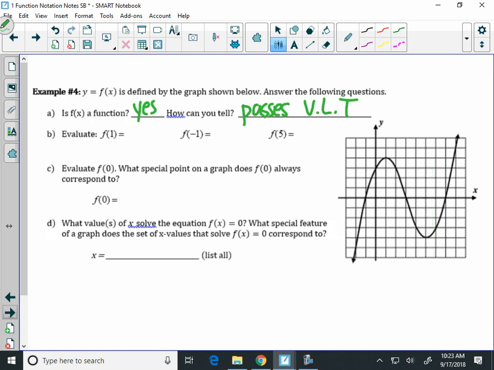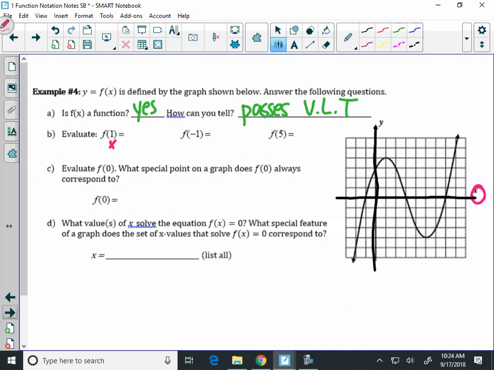Now, we want to evaluate based on our graph. It says evaluate f of 1. Remember from a few minutes ago, the 1 is an x value because it's in the parentheses. So I go over here to my x-axis. The x-axis is your horizontal axis. I'm going to darken in real quick for you here the axis, so you can see that's where the zeros are.